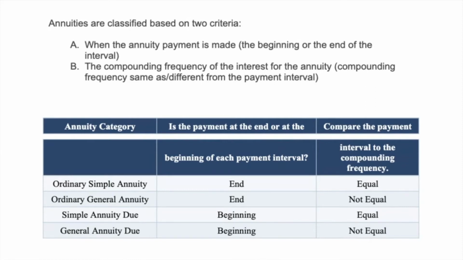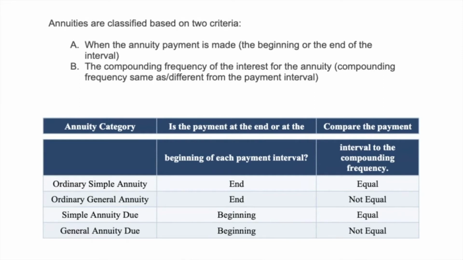An annuity due is made at the beginning of the period, and an annuity is when the payment is made at the end of the period. And second, the compounding frequency of the interest for the annuity. So you think about the interest and you say, well, we got 5% compounded semi-annually, that sort of thing. So that comes into play.